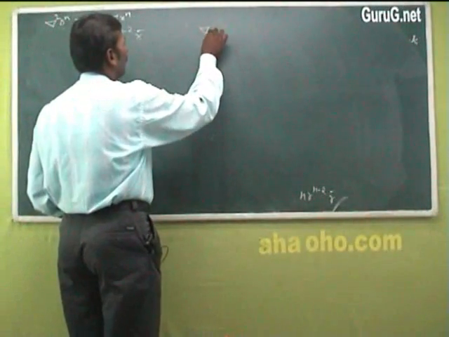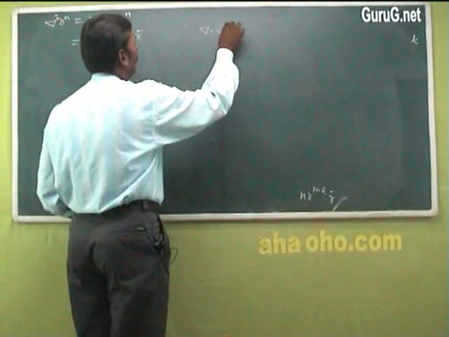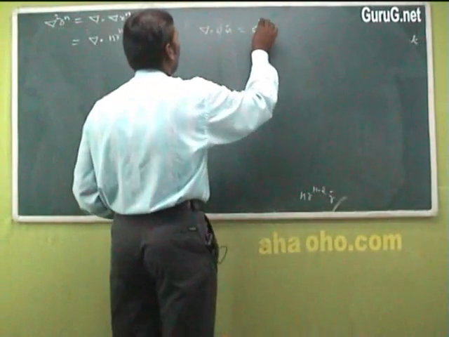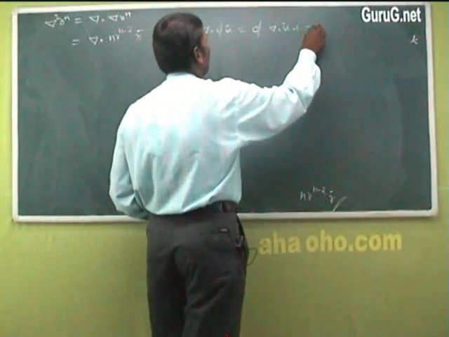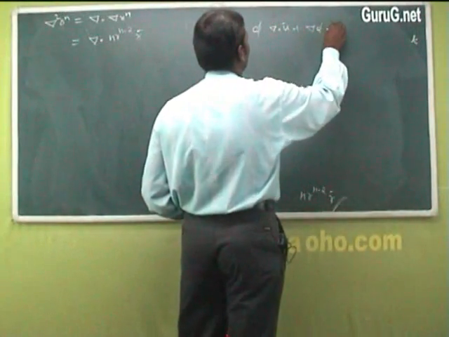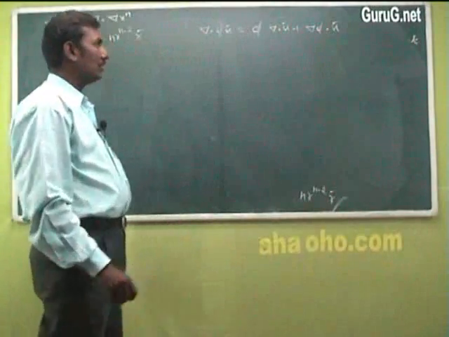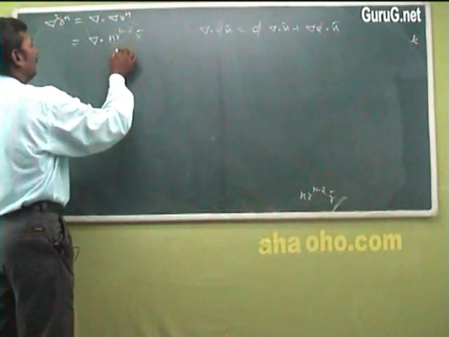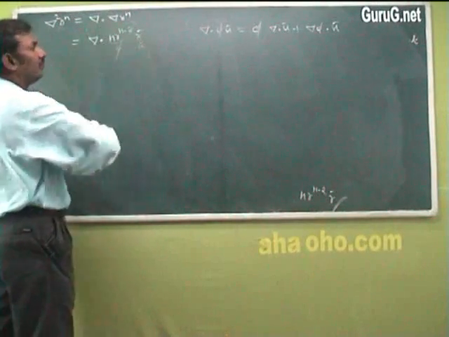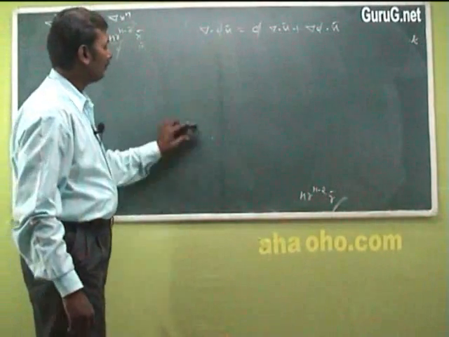So del dot phi u equals phi into del dot u vector plus del phi dot u vector. So there is a result like this. Here this is phi and this is u. You apply this result.